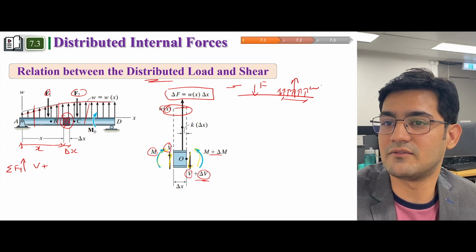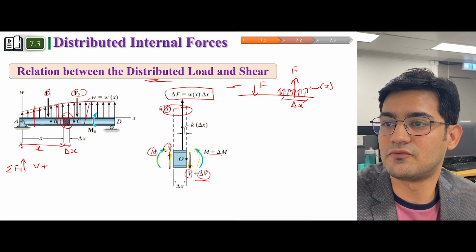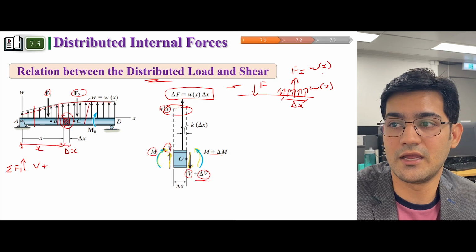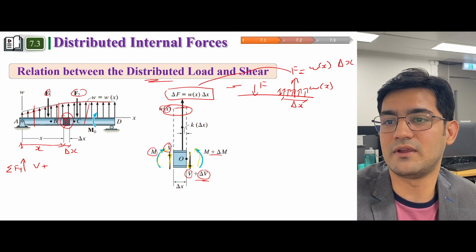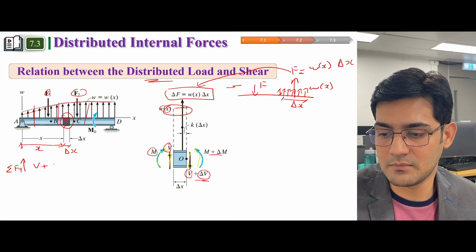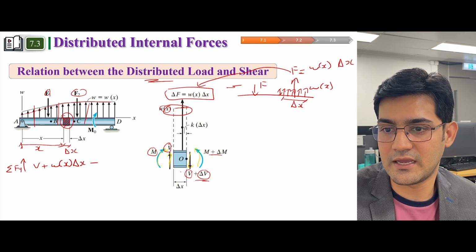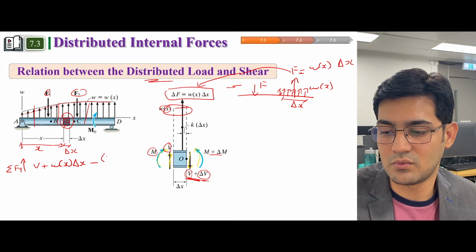So let's say we have a force Wx, and the distance is delta x. The resultant force would be this distributed loading multiplied by the distance, Wx times delta x, and we have another vertical force, this one, V plus delta V, so the sum is equal to 0.